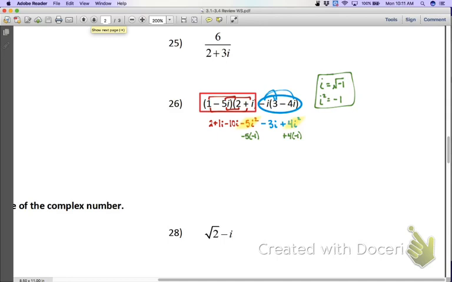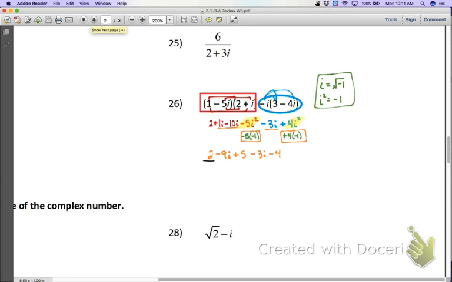So then, if we rewrite everything, I'm going to have 2 minus 9i, okay, 1 minus 10, and then negative 5 times negative 1 is a positive 5. Minus 3i, so nothing changed here, and then negative 1 times 4 is going to be a negative 4, and then just combine like terms.